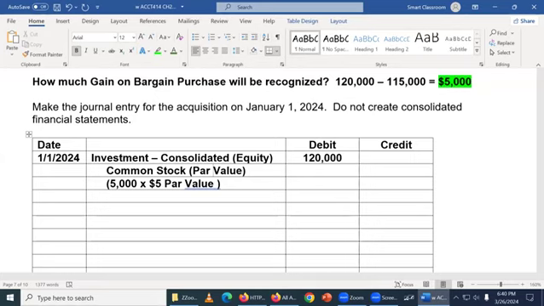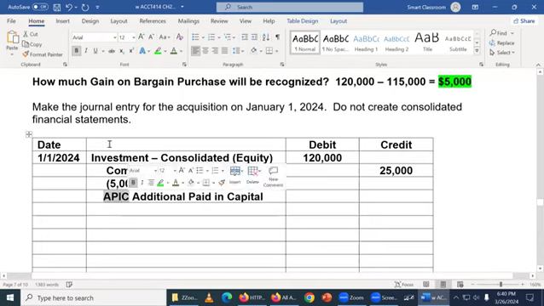Okay, same, 25,000. The additional paid in capital, you'll see this often called APIC. I've seen financial statements that just have APIC listed on it, ones they give out to everybody. Again, you can feel free to abbreviate that as APIC.